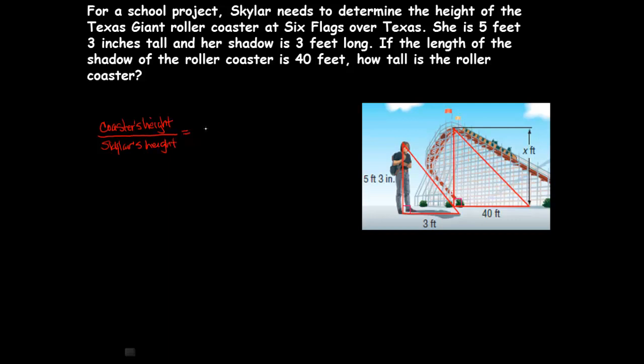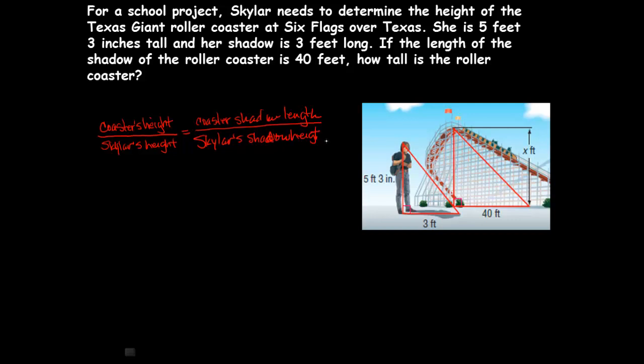We're going to take the coaster's shadow length, and we're going to put that over Skyler's shadow length. I don't know what I was trying to write there, but it doesn't look like shadow. I just can't spell the word shadow today.